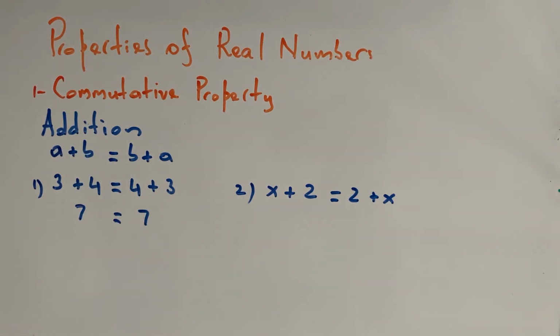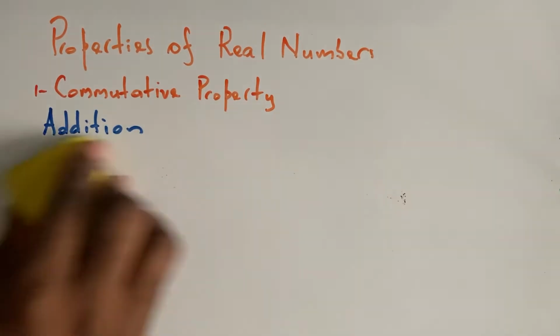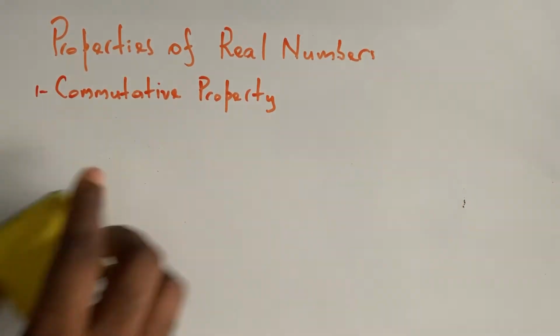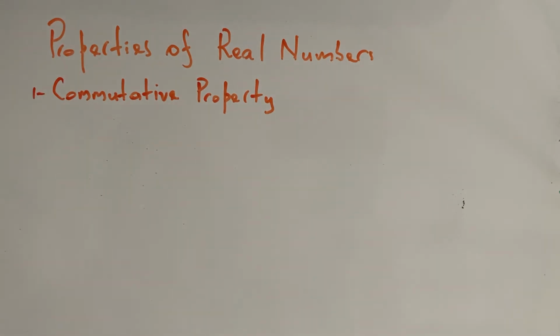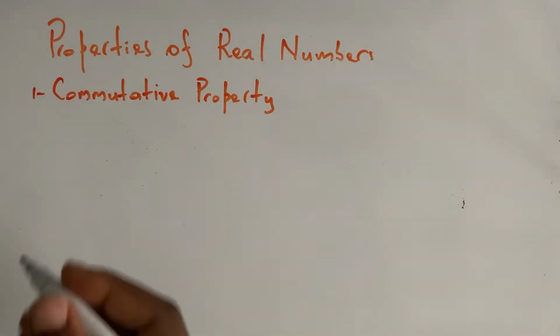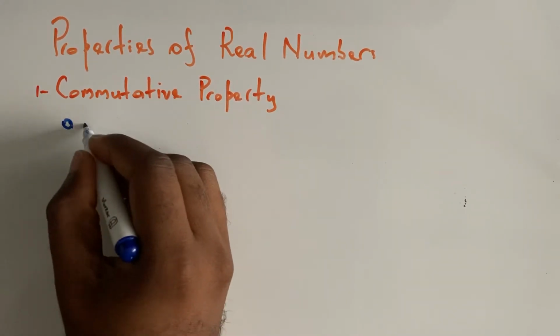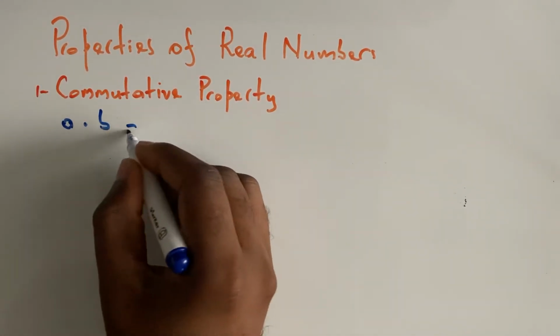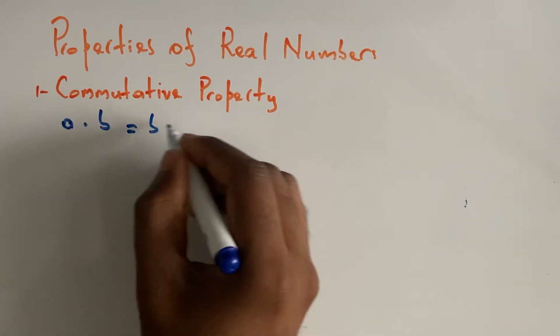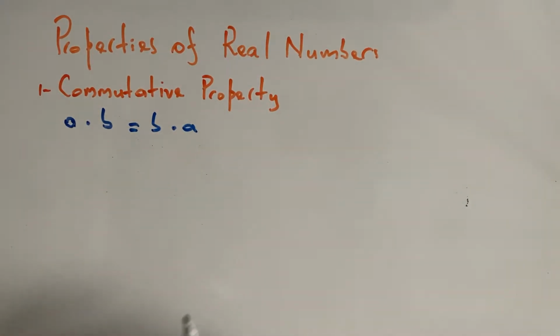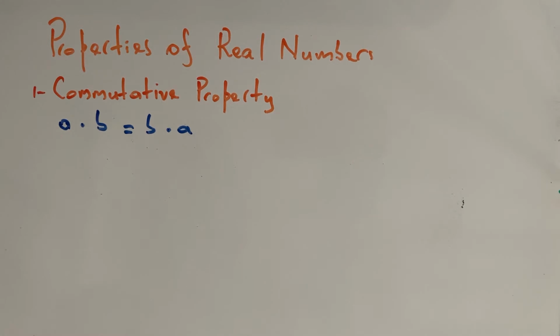Now, how about multiplication? This works for multiplication as well. If you have a times b, this should be the same thing as b times a. Okay, so a times b is the same as b times a.